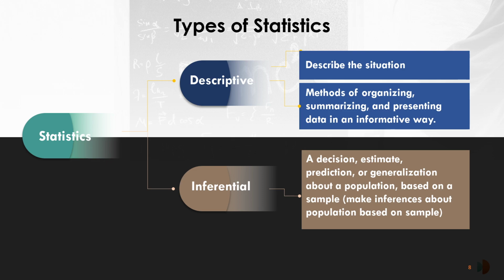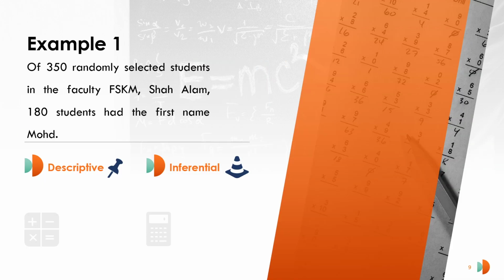When we make this kind of conclusion, we say it belongs to inferential statistics. Let's take a look at an example. Suppose we randomly select 350 students from FSKM Shah Alam, and based on our information, 180 students have the first name Muhammad.